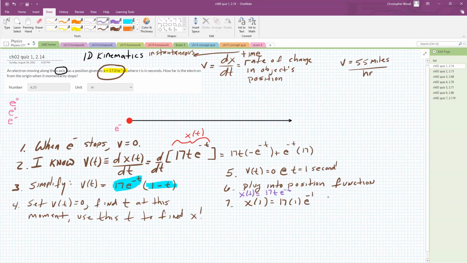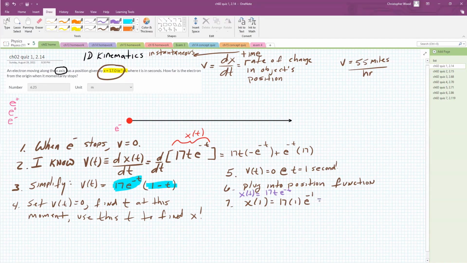Okay, that's good. And then I guess it's time for the calculator. So calculator says 17 times, and you might have different numbers. I have 17. Maybe you have some number that's not 17. It doesn't matter. You use your numbers. 17 times e to the minus 1 is 6.25 and some change.